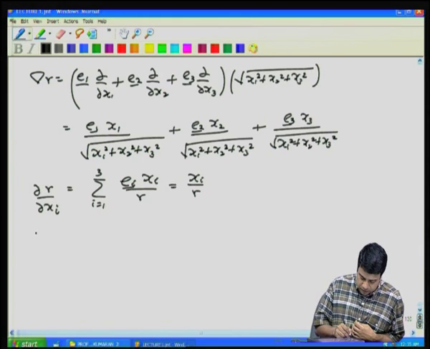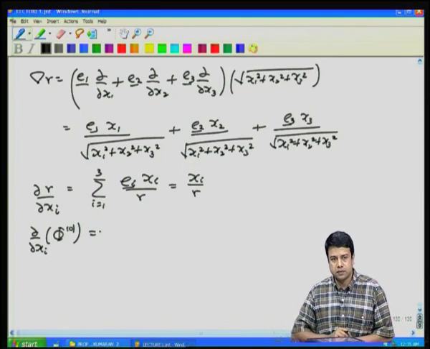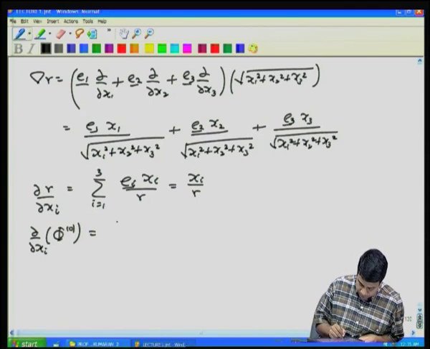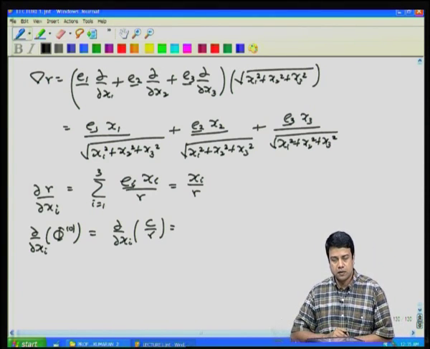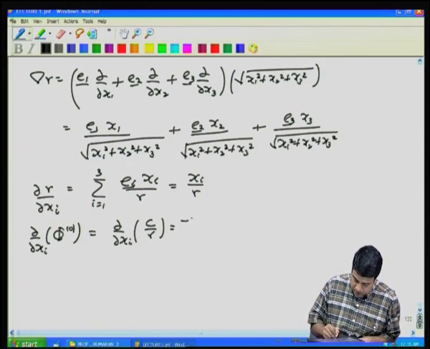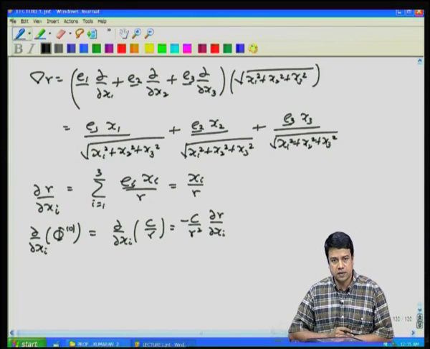Therefore, the gradient of phi naught, I will write it in indicial notation, the gradient of the fundamental solution is equal to the gradient of some constant by r. This is equal to minus c by r square partial r by partial x_i, using the chain rule for differentiation.